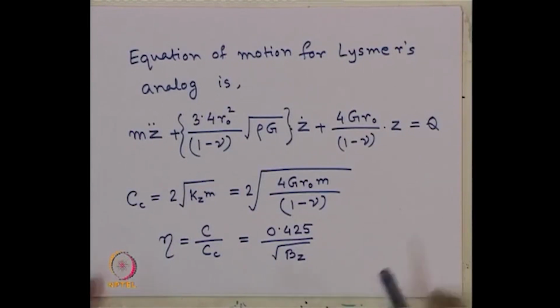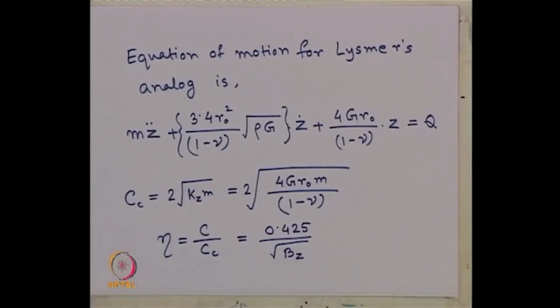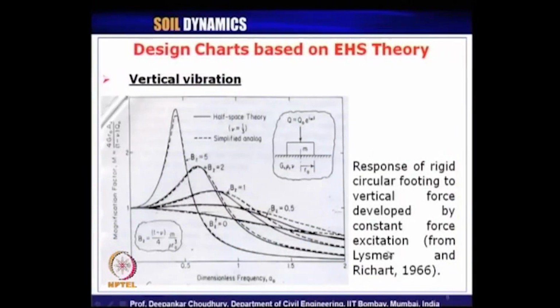Okay? And if you look at the Leismer chart here, this shows a comparison between the elastic half space theory proposed by Reasoner and the simplified analog proposed by Leismer, that is in dotted line and the other one is in firm line.